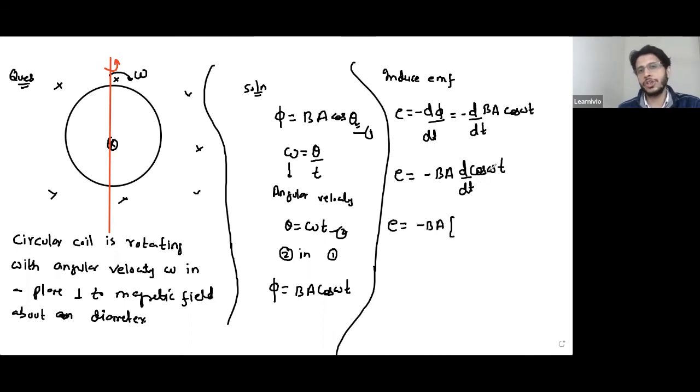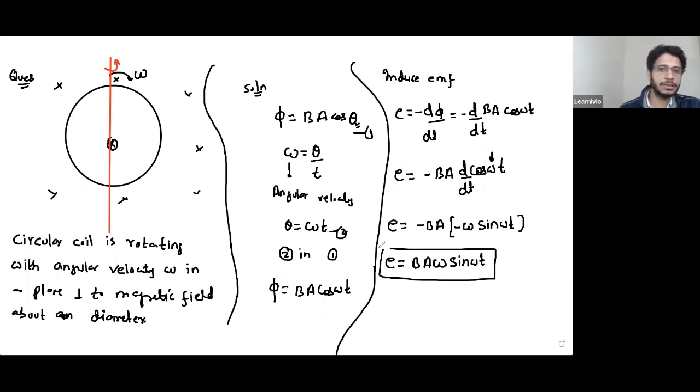When I differentiate this cos omega t, this will be minus of omega into sine omega t. The derivative of cos is sine, but along with t, you have a constant omega. So this constant will come outside the derivative. So the induced EMF comes out to be BA omega sine of omega t. That is the induced EMF, BA omega sine omega t.